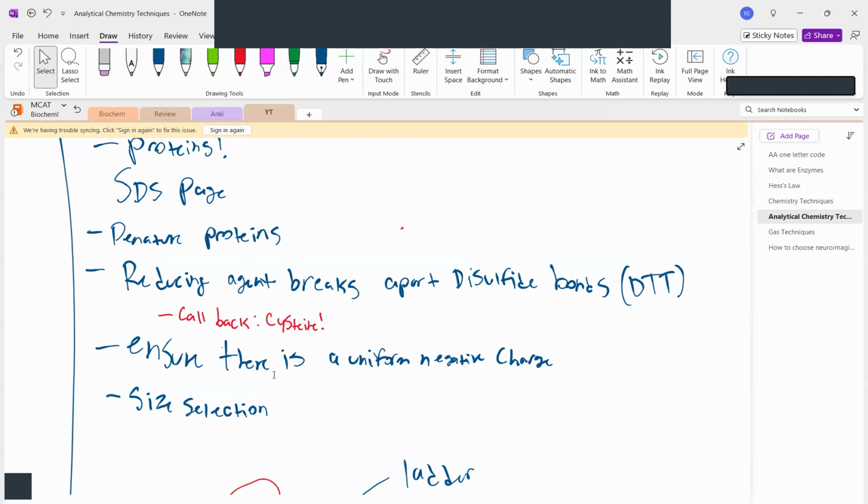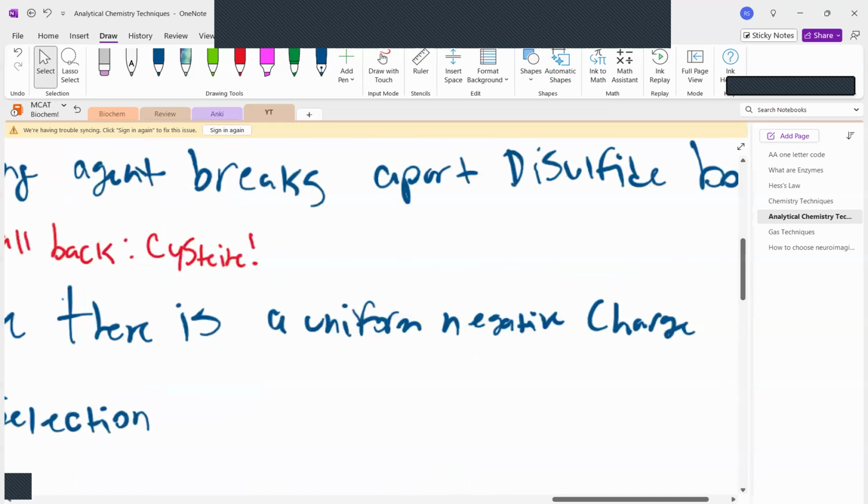That can also be a distinction. It can tell you there are some cysteine residues or some disulfide bonds that are getting broken up. This is also a callback to the amino acid cysteine, since cysteine is the only amino acid with that SH group that can form disulfide bonds.